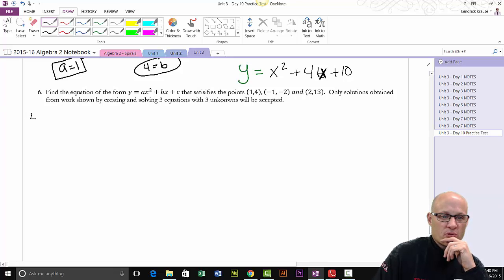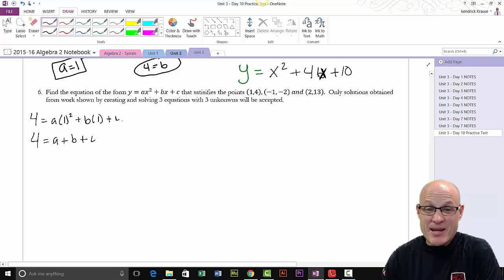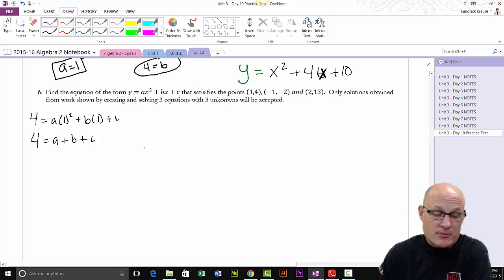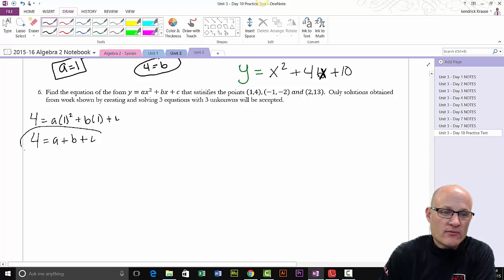1, 4. Plug in a 4 for y equals a times 1 squared plus b times 1 plus c, or 4 is equal to a plus b plus c. So I know that when I add a plus b plus c, it's going to add up to 4. That's my first equation. I'm going to solve it right for c right now.